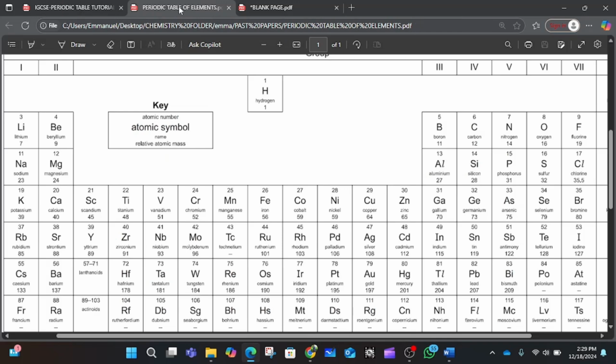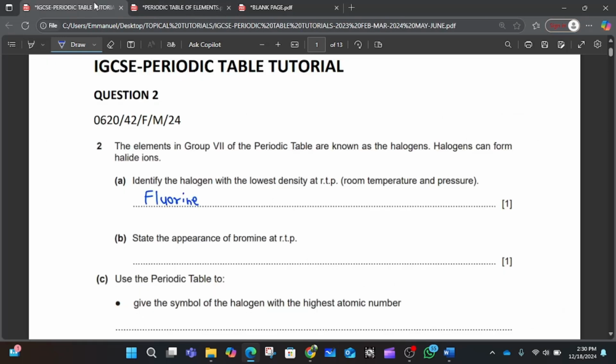And if you look at the halogens, you realize that fluorine is the one on top. And fluorine is the smallest of all of them. Fluorine has the smallest proton number, the smallest mass number, the smallest neutron number, compared to all the other halogens. And so it means that fluorine is the one with the least density. So this has to be fluorine.